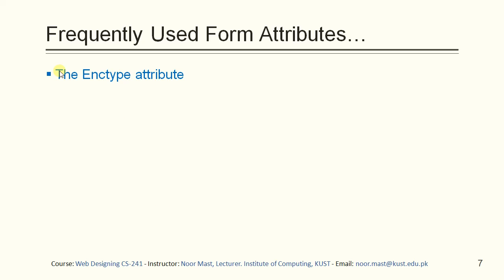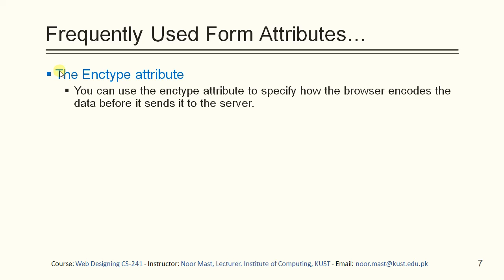The encryption type attribute. The encryption type attribute specifies how the browser encodes the data before submitting to the server. There are two methods used for this purpose: application/x-www-form-urlencoded, while multipart/form-data.